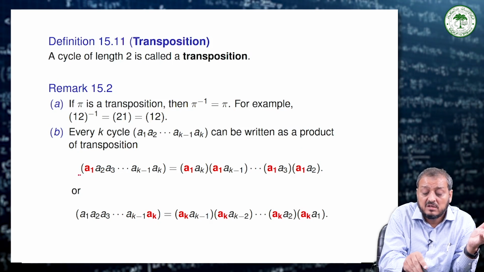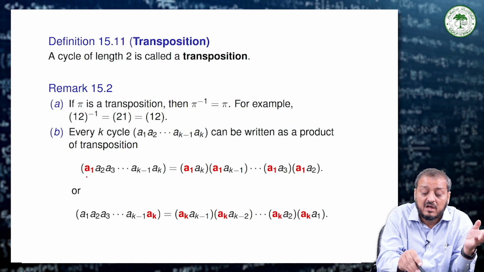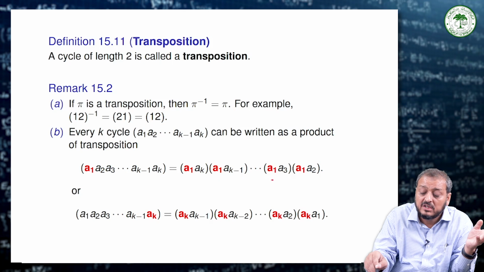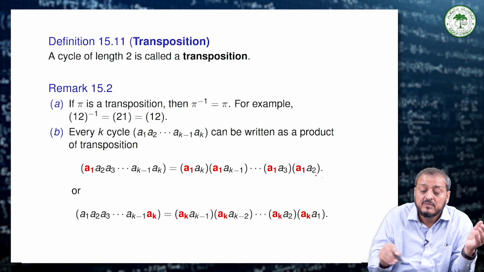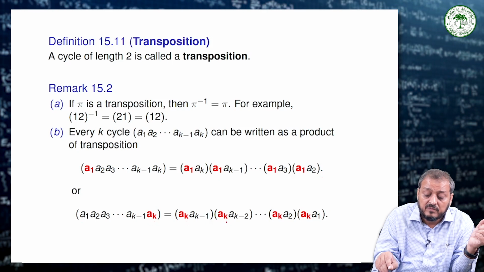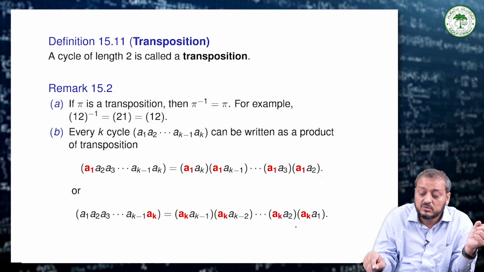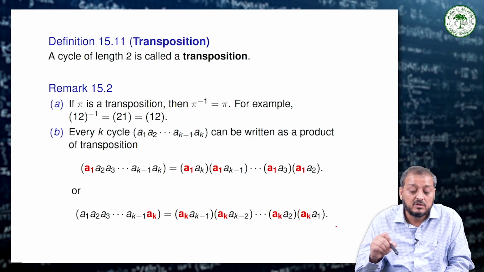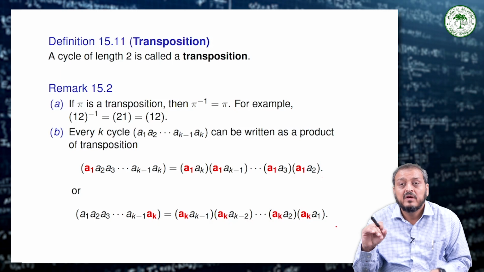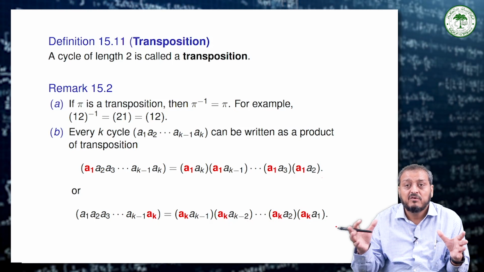We write it as (a1 ak)(a1 ak minus 1), then (a1 a3) and so on, or in this form: (ak ak minus 1), (ak ak minus 2), and so on. So every cycle can be written as a product of transpositions.